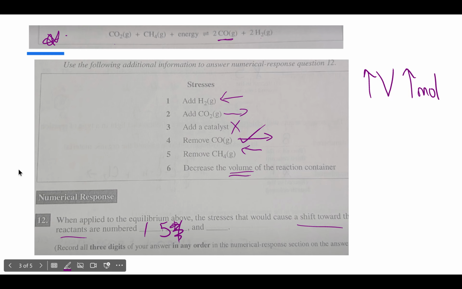So you might want to come up with your own way to remember. So on the opposite end, if we're decreasing the volume, we're going to move to the side with less moles. So the left-hand side here has 2 moles total. The right-hand side has 4. So if we decrease the volume, we will shift to the left, move to the side with less moles. And so that would be number 6.